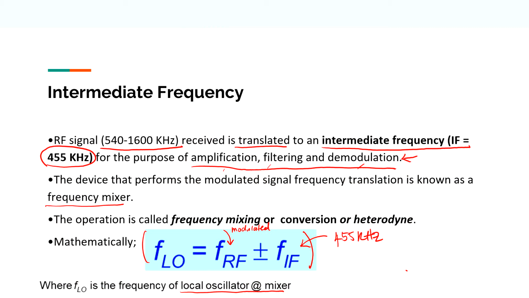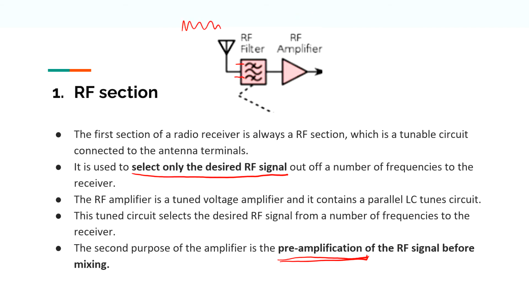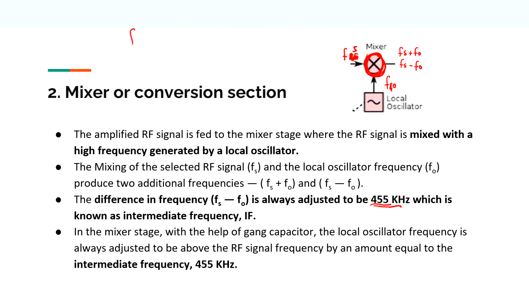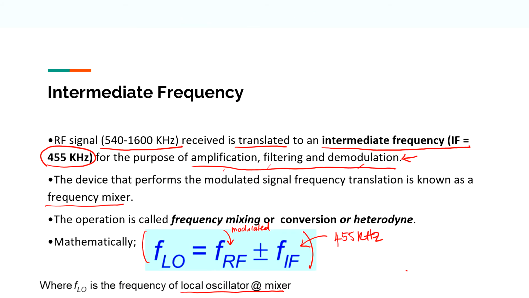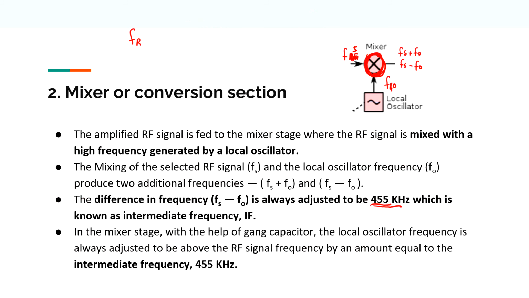This is based on the formula FLO equals FRF plus minus FIF. This equation can be interchangeable, where here the Fs is FRF.